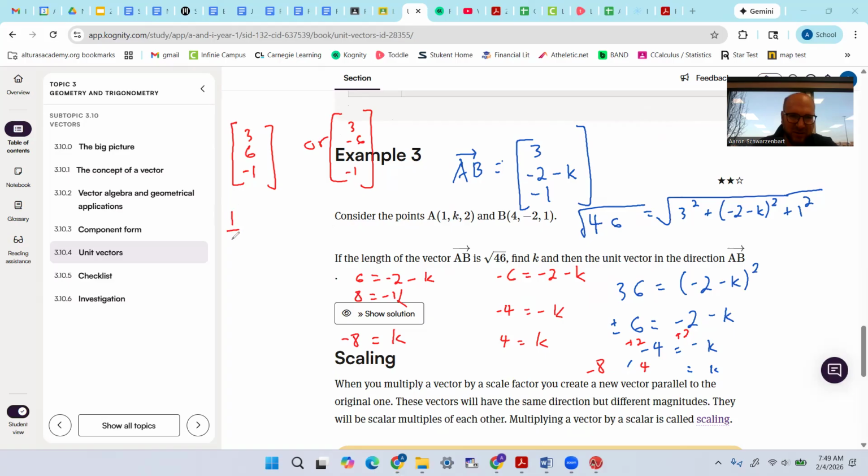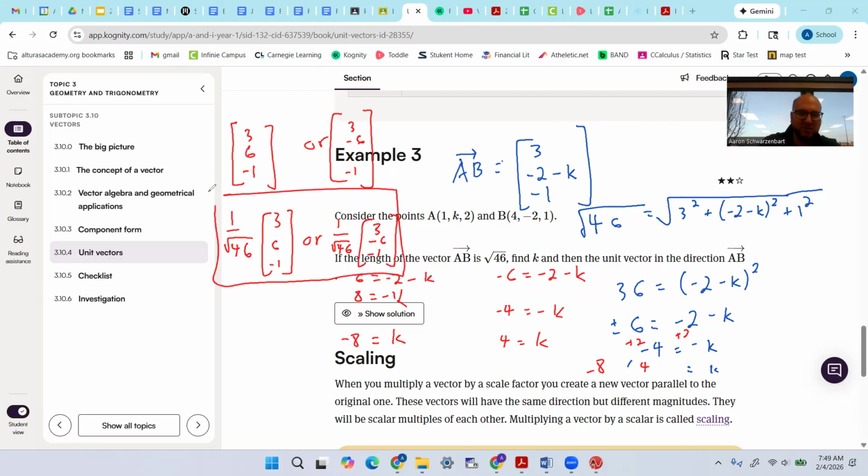So my unit vector is either this or this, and again, you could distribute it, but one of those two options.